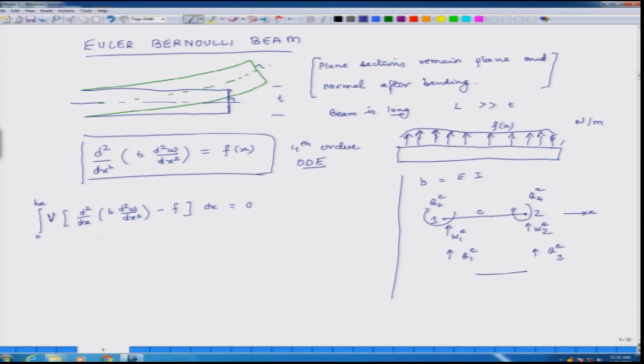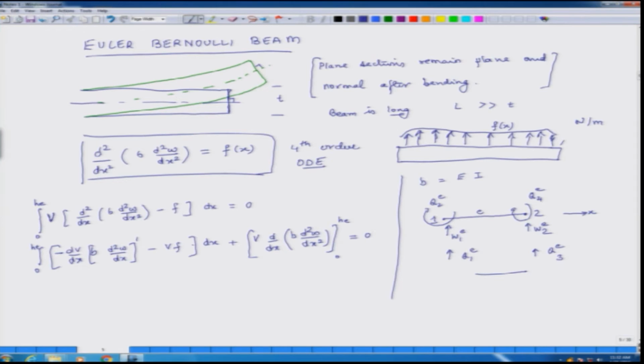So, I do my integration by parts once, and I get the integral from 0 to h e of minus dV over dx times B d2W over dx square, which is now differentiated only once, minus V f dx, and then I get a boundary term plus V times d by dx of B d2W over dx square, evaluated at 2 locations, 0 and h e, and this entire thing equals 0.